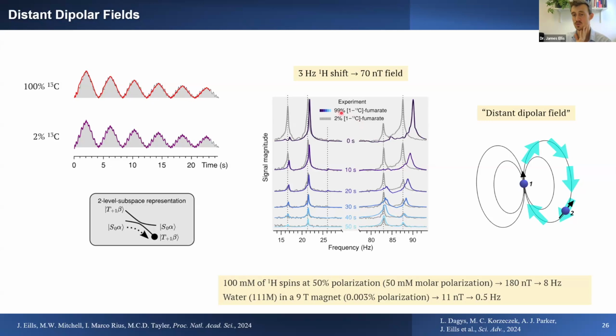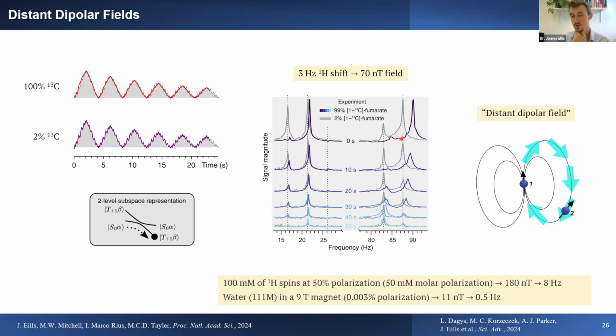But if we use 100% carbon labeling, now the magnetization of the sample is going to be 50 times larger because 50 times more molecules are participating in the hyperpolarization dynamics. And now we see a 3 hertz line shift.